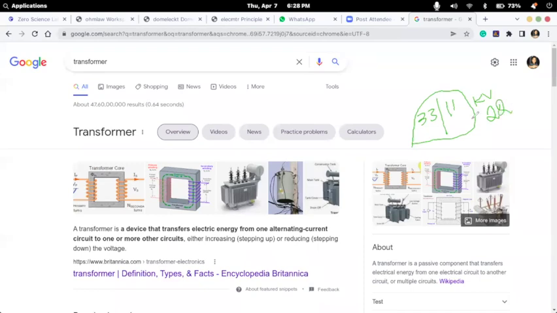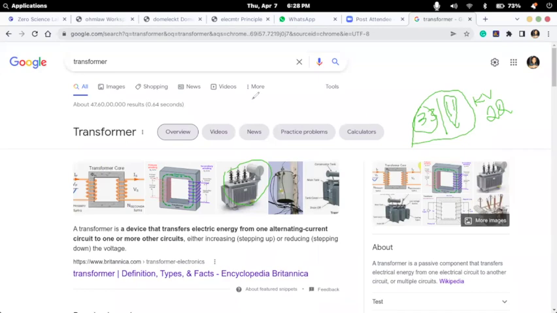Something like this might be written. What exactly is this? From 33 kV, the substation is reduced to 11 kV through these transformers, right? Yes, sir. Transformers are used everywhere, but these transformers contain metallic plates.